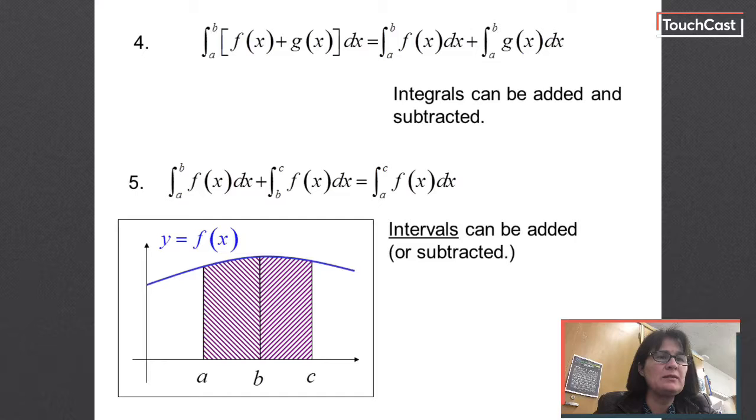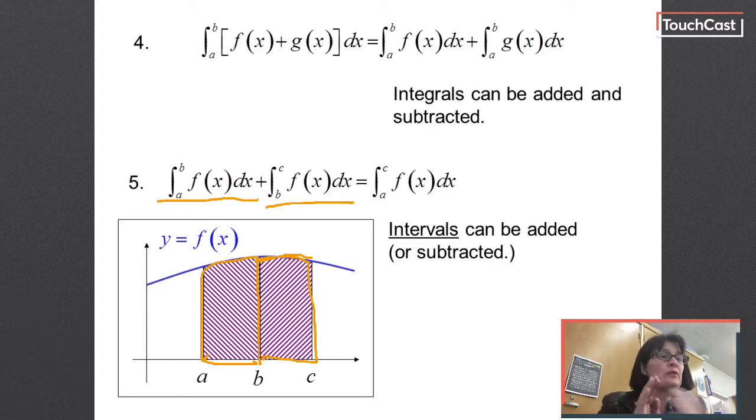So what does that mean? That means if I find the area under f between a and b. That's this integral. And then I start right there from b, and I find this new area between b and c. And I add those two areas together.